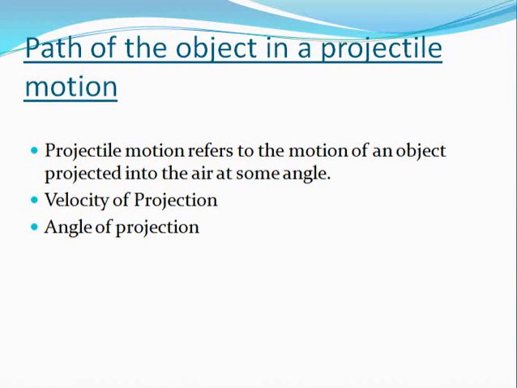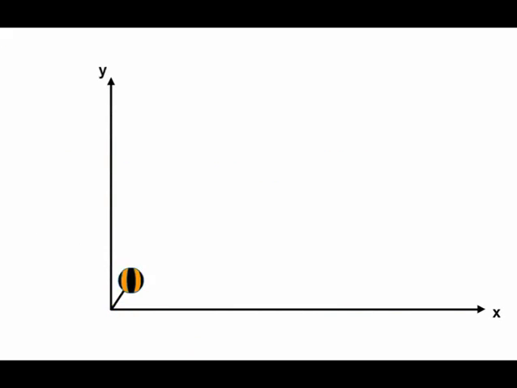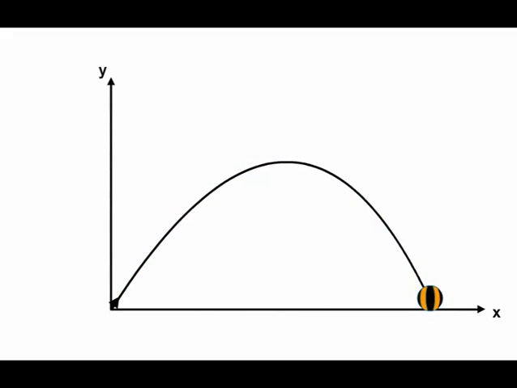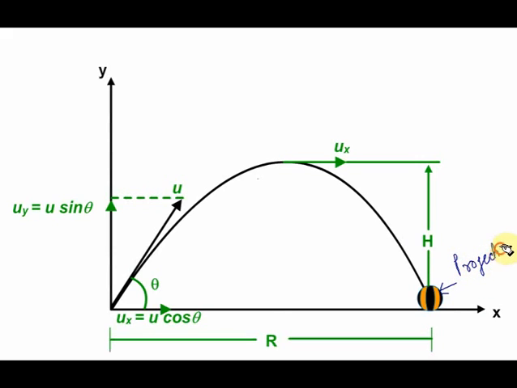So let's see this with the help of an animation. So here, as you can see, this is our projectile, which was thrown into the air with velocity u.